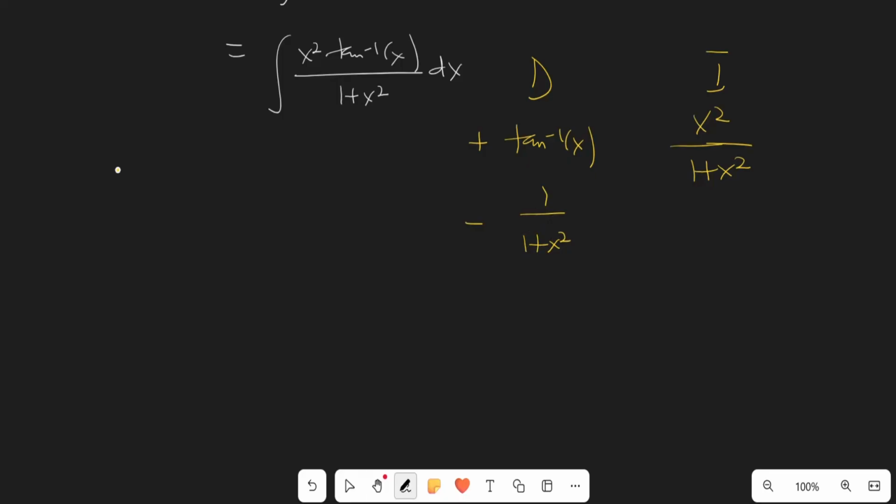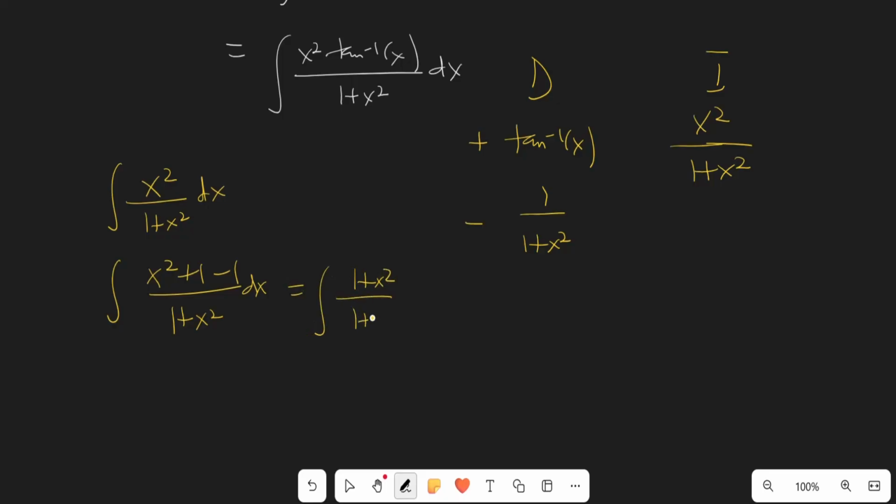I can do that here real quick. If I'm integrating x squared over 1 plus x squared dx, I can do some manipulation by adding 1 and subtracting 1 in the numerator. The denominator stays the same. So this can also be written as the integral of 1 plus x squared over 1 plus x squared dx minus the integral of 1 all over 1 plus x squared dx.